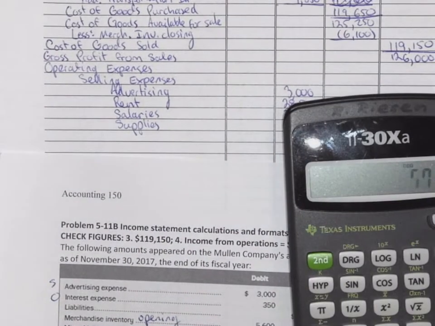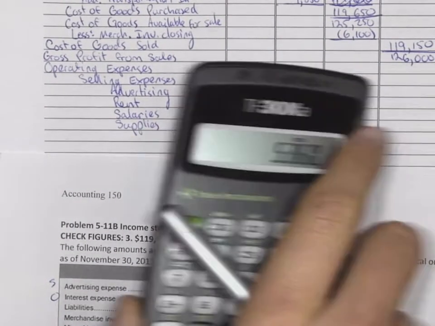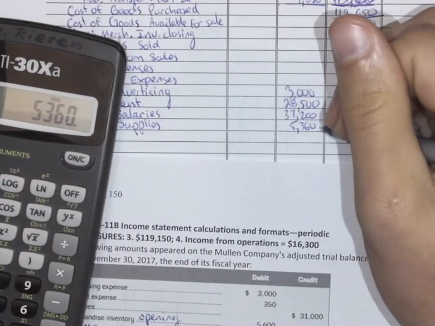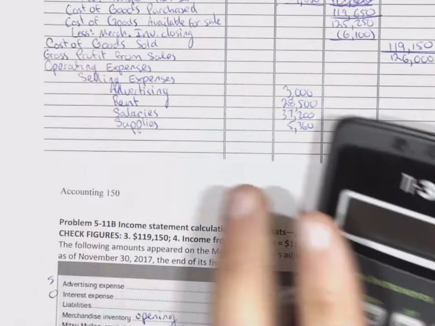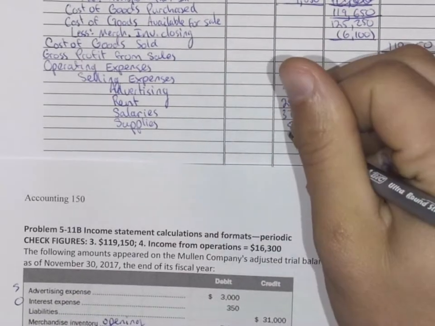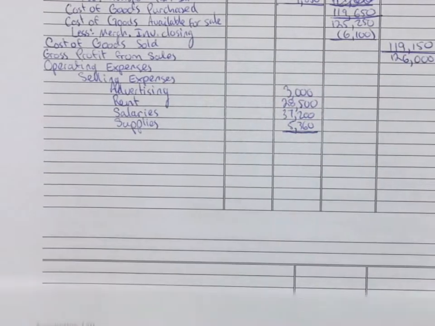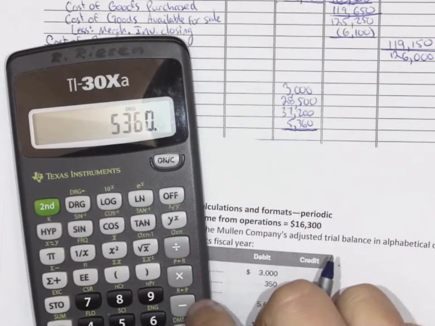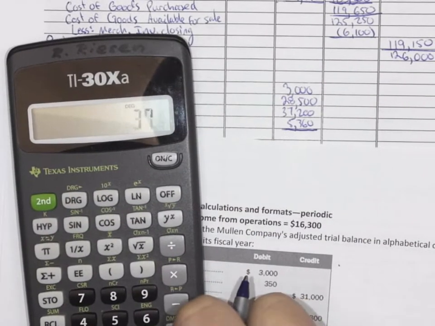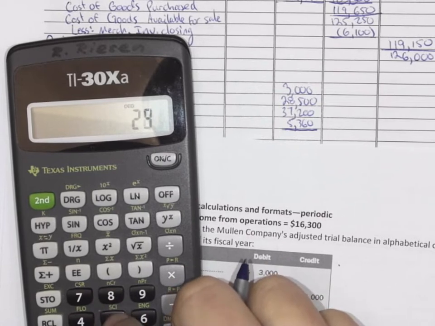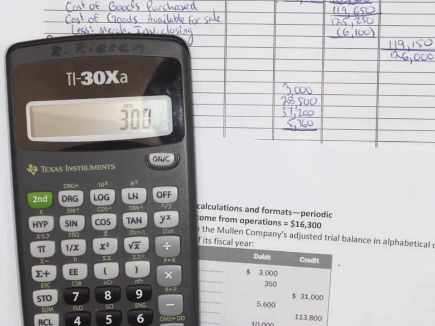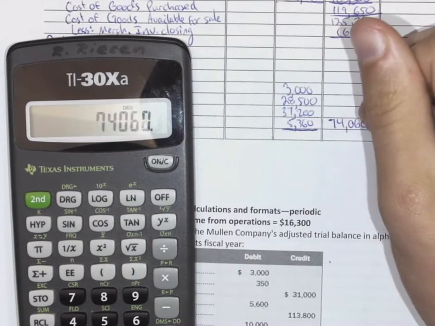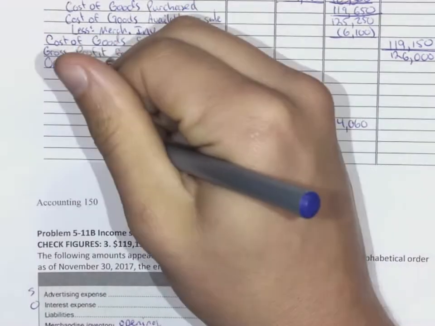And supplies only 80% of the $67,000, so $53,600. So that's our total selling expenses. So when we add these up, $74,060.